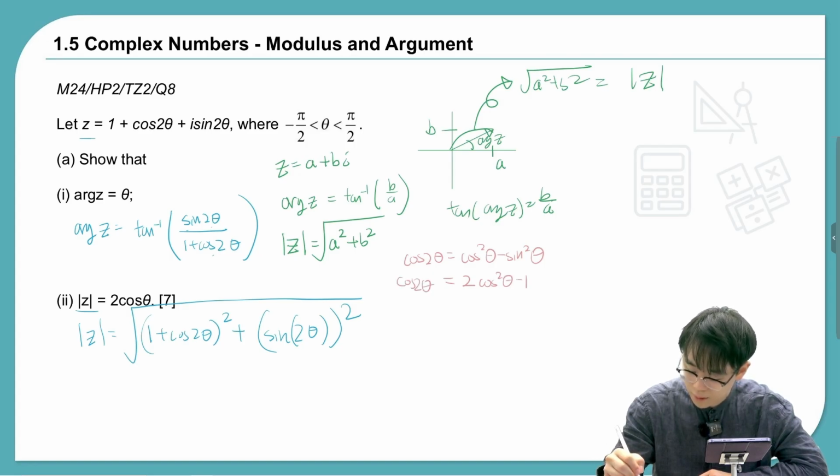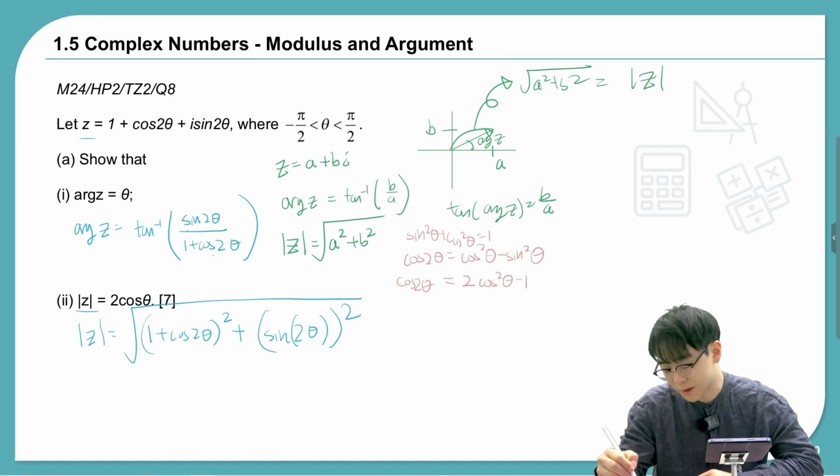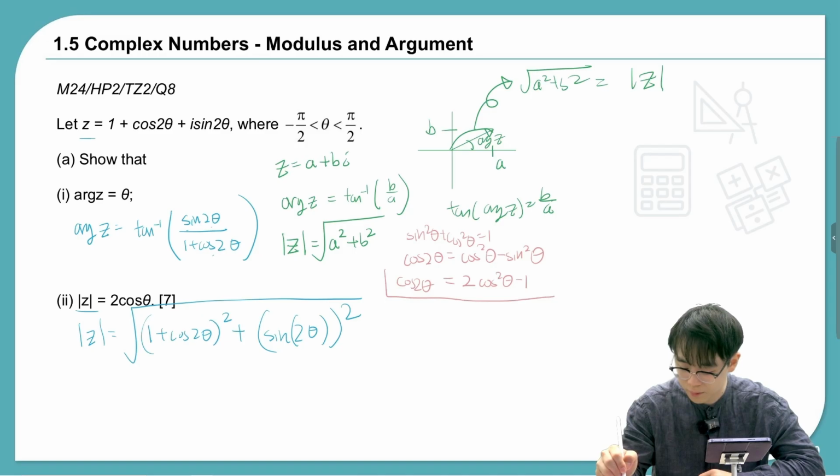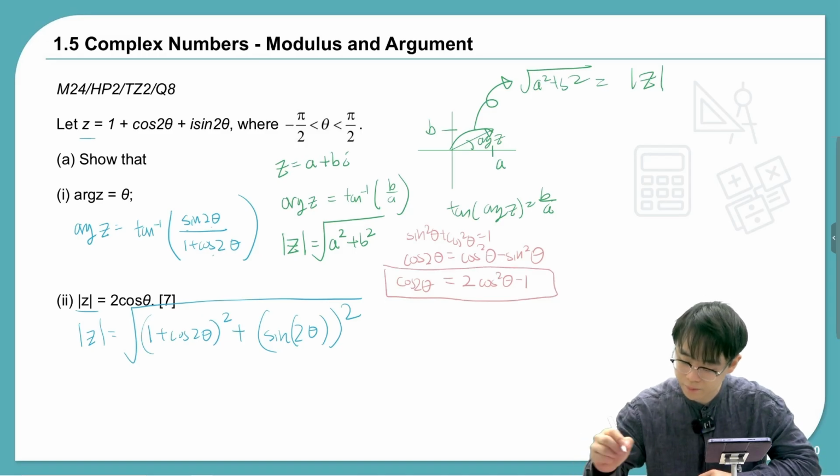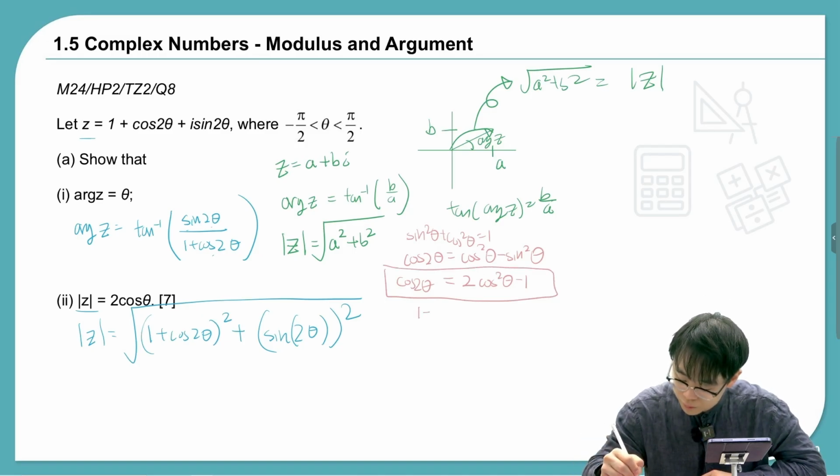Because if you recall, sine squared theta plus cosine squared theta equals 1. So if you manipulate that, sine squared is just 1 minus cosine squared. So we could leave off with this expression right here. And that means 1 plus cosine 2 theta is now going to be 2 cosine squared theta.